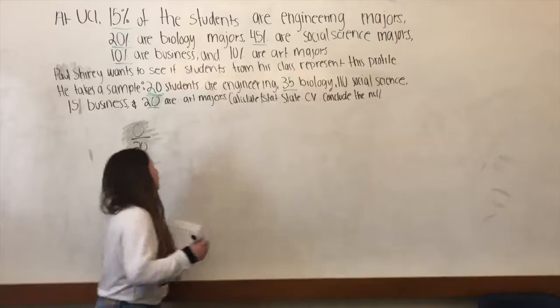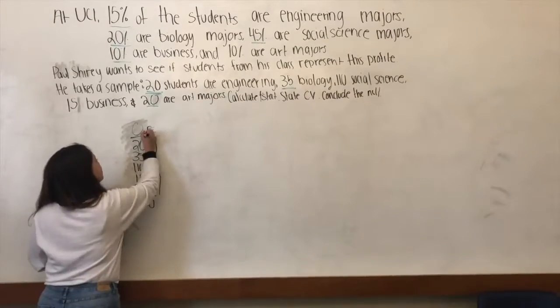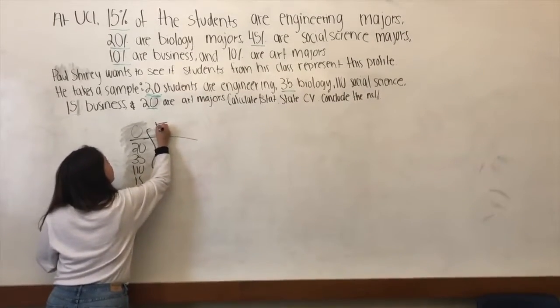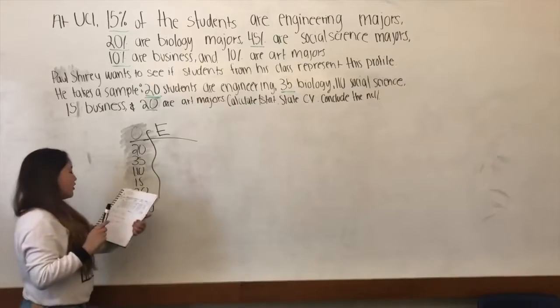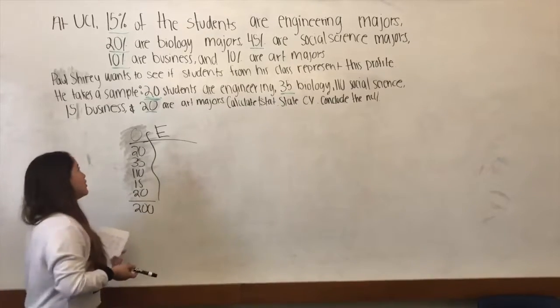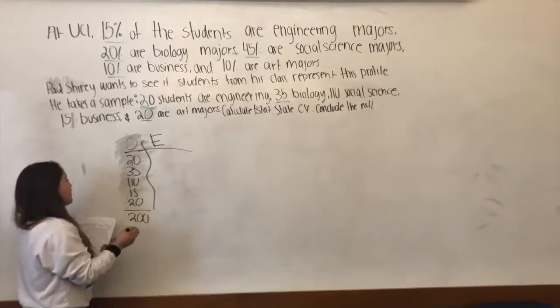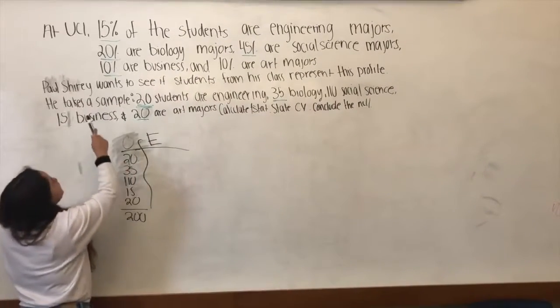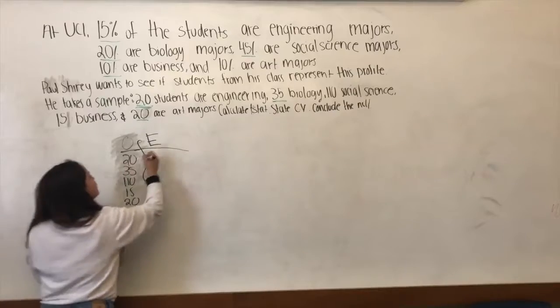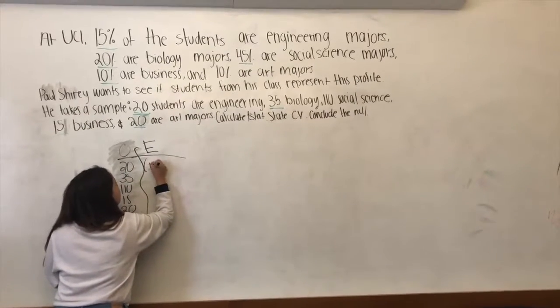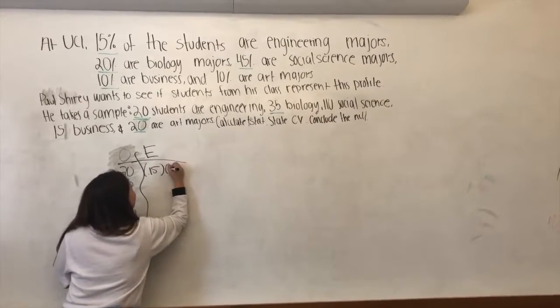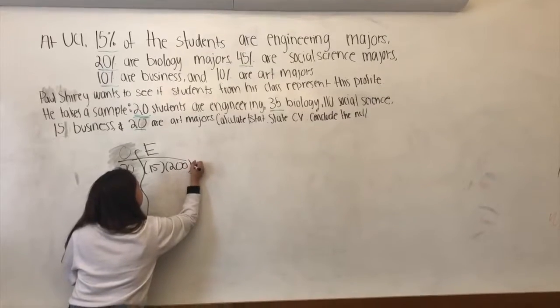For the second step, continuing on into the chart, we're going to write down the expected value, and in order to find the expected value, we multiply the percent by the total. For example, engineering students are 15%, so we're going to put 0.15 times 200 because that's the total.